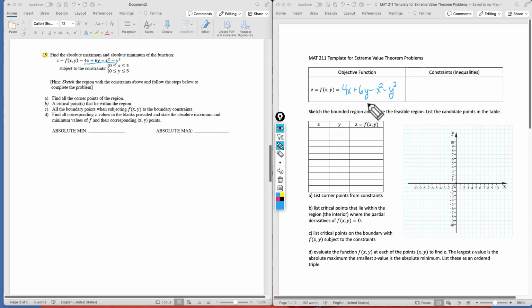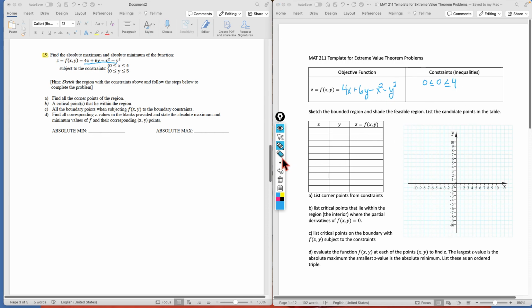And remember, the extreme value theorem basically states that as long as we've got a continuous function and we have a closed bounded domain, which is what the constraints tell us, that x is greater than or equal to 0 but less than or equal to 4.